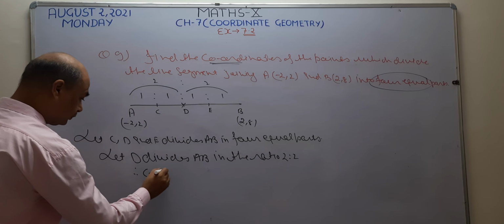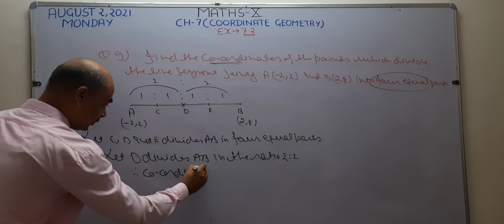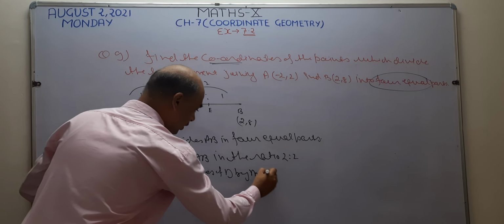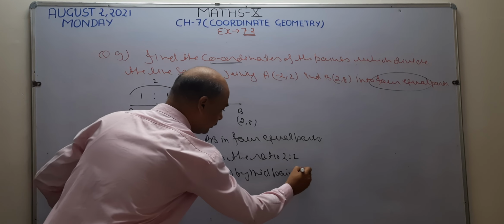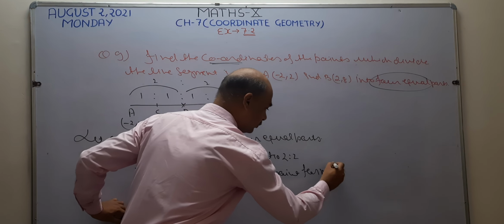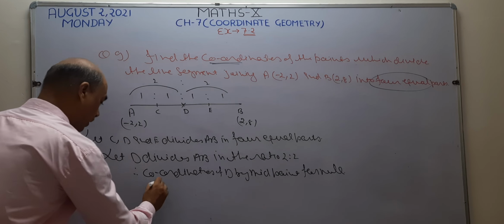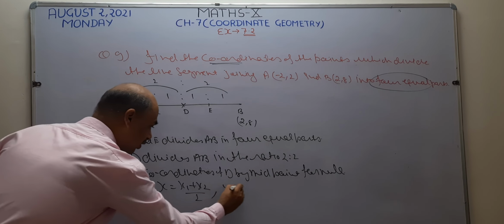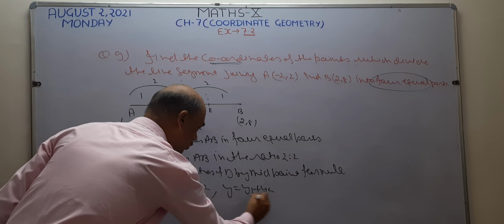Therefore, coordinates of D by which formula? Midpoint formula. Okay, what is the midpoint formula? x1 plus x2 by 2. Value of y becomes y1 plus y2 by 2.